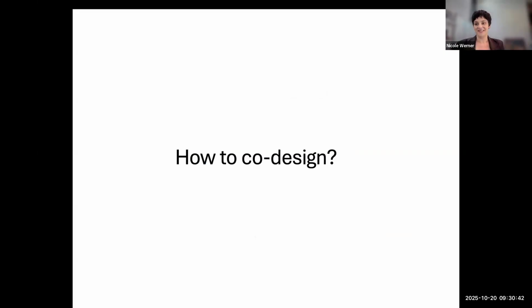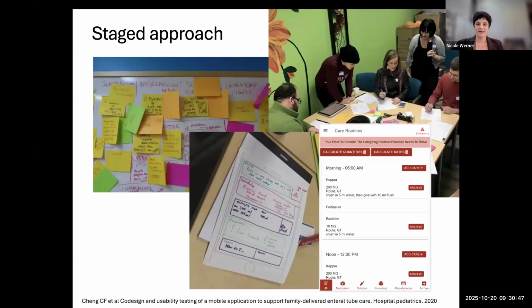And then, of course, the big question is, how to co-design? This is a work in progress and an area I'm really interested in from a research perspective: how do we continue to improve methods for co-design? How do we measure those methods, the process part of it, and keep improving? I've been doing this for a handful of years now, and I keep trying to move my approaches forward. I think of co-design as an iterative approach.